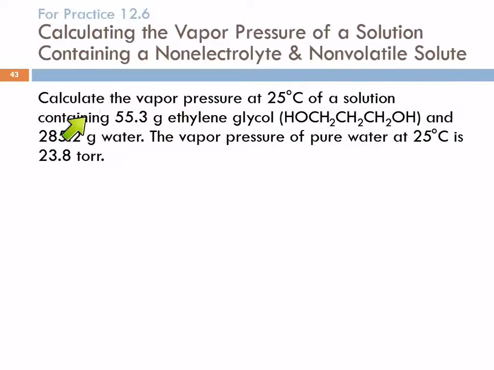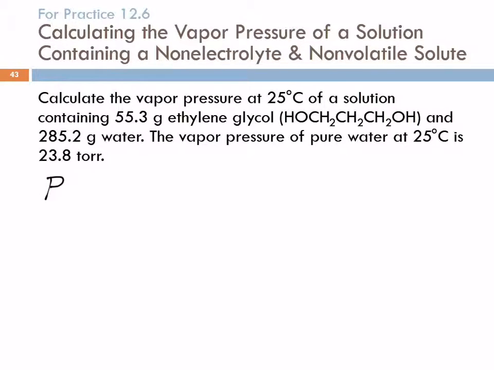So calculate the vapor pressure at 25 degrees of a solution containing 55.3 grams of ethylene glycol and 285.2 grams of water. The vapor pressure of pure water is 23.8 torr. If we want to know the vapor pressure of the solution, we need to use Raoult's Law.